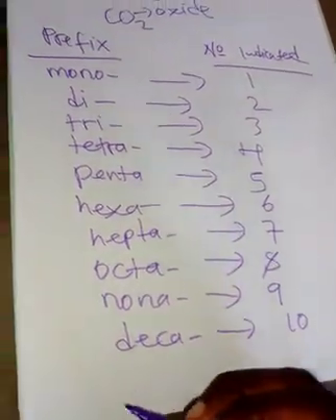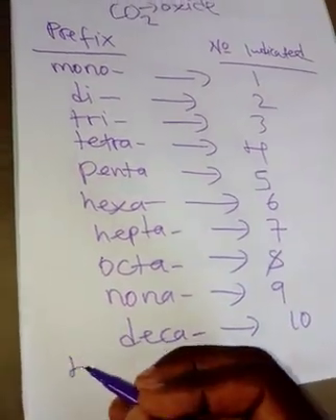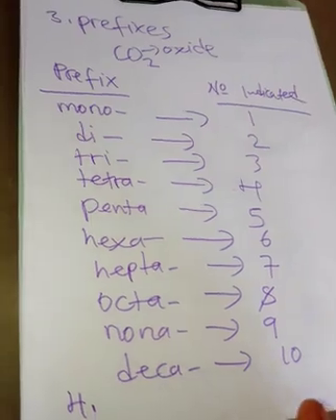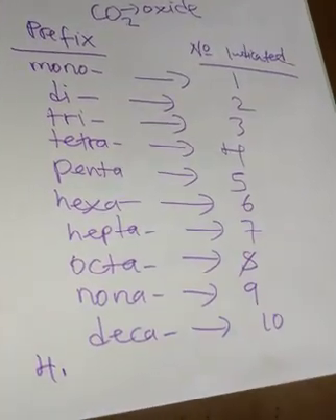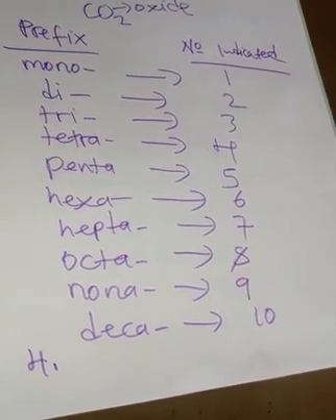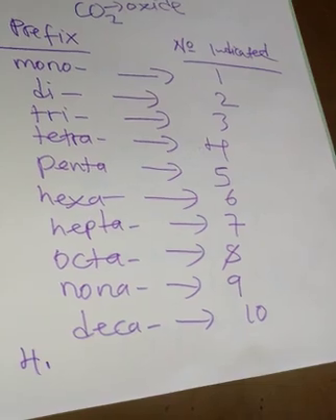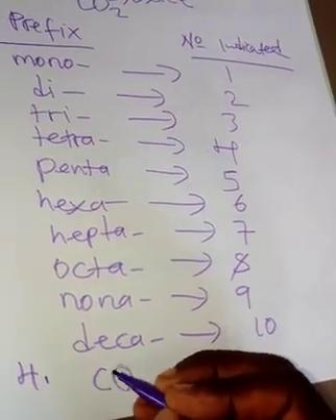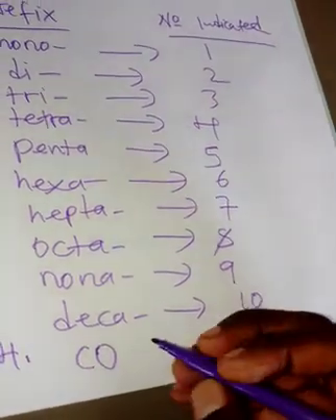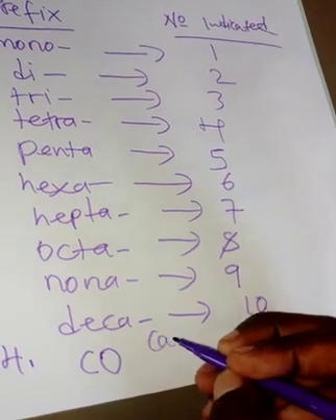Let's look at rule number 4. Rule number 3 is for using prefixes. Rule number 4 says the prefix mono is never used for naming the first element. For example, CO is carbon monoxide.